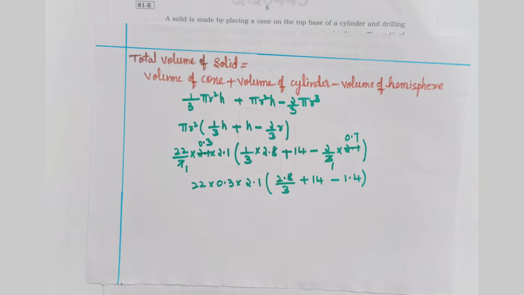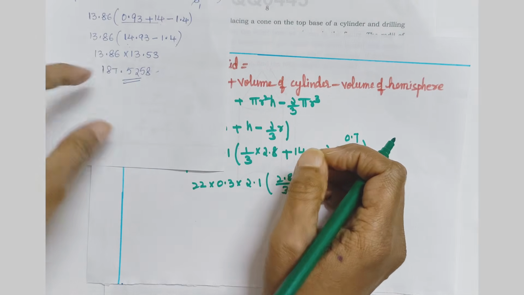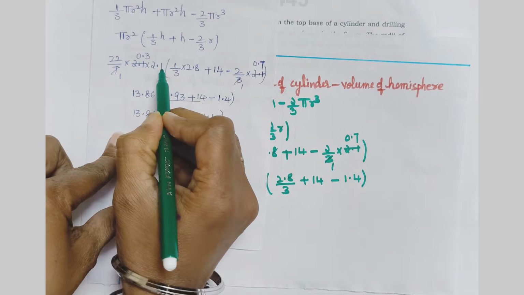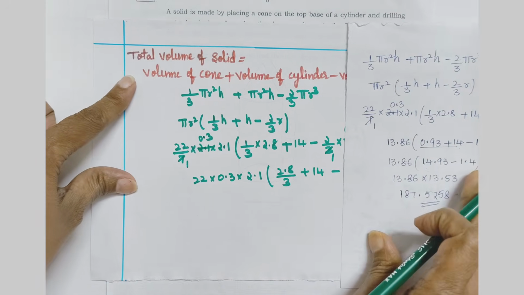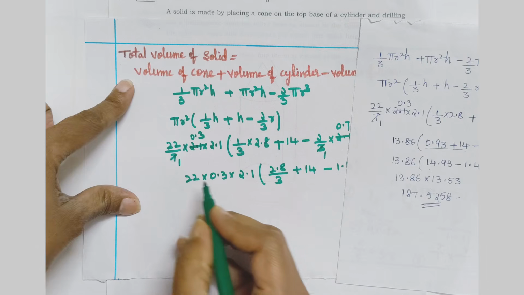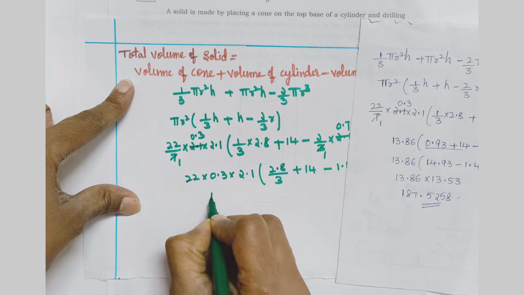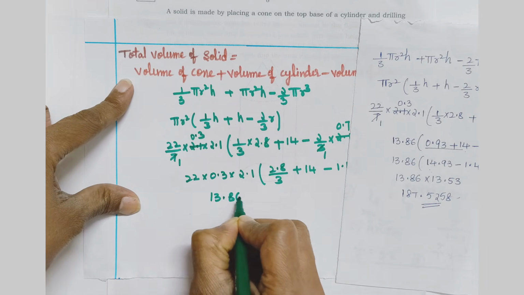Now see here, more calculations are there. 22 into 0.3 into 2.1, what answer will you get? You will get 13.86.